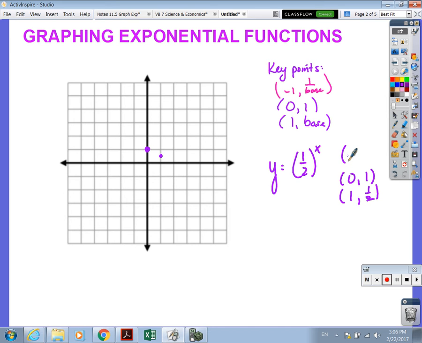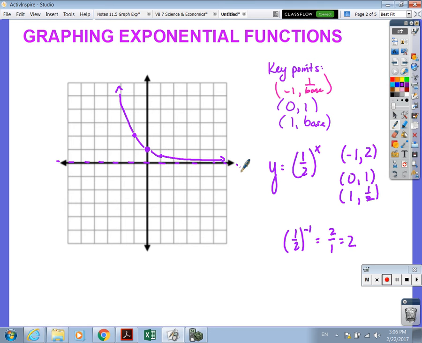It's this direction it sometimes throws people. -1 raised, oops, sorry about that. 1/2 raised to a power of -1, remember, flips the fraction. It's the same thing as 2 over 1 or 2. So (-1, 2) is the point on this end. So as I go backwards in this direction, it drops. Remember the word, it decays as it goes to the right, and it will never go below that line.